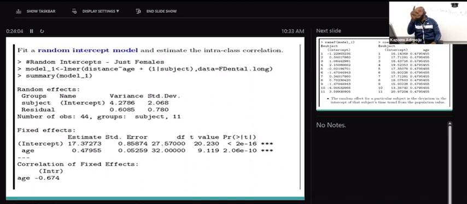You can see that there's another explanatory variable, which is age, but it's missing in that random part. I'm only looking at the fixed effect of age and the random effect of subjects.